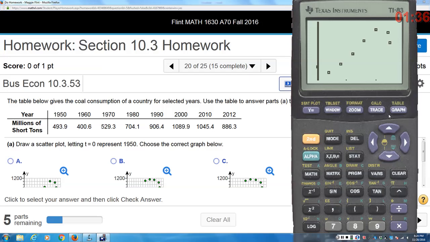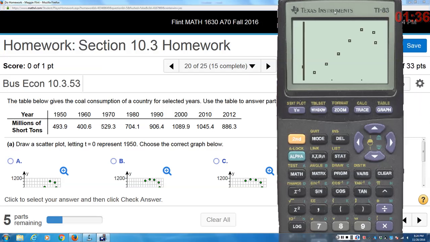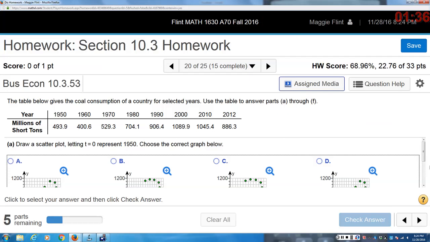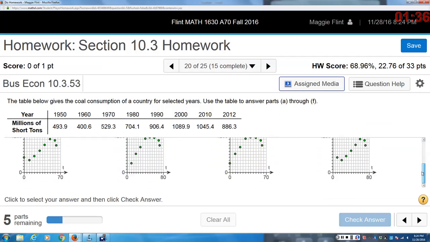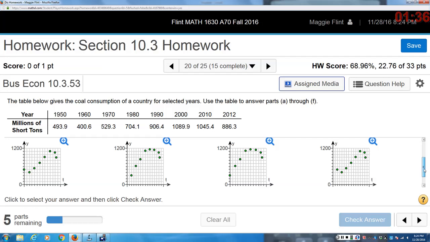Okay? Now what we're looking for in a scatter plot is a pattern. One of the things we got to do is decide which one of these looks like what we just saw. Which one of those looks like your scatter plot? Yeah, I think it's A. This one doesn't show that last point where it actually crosses the axis.